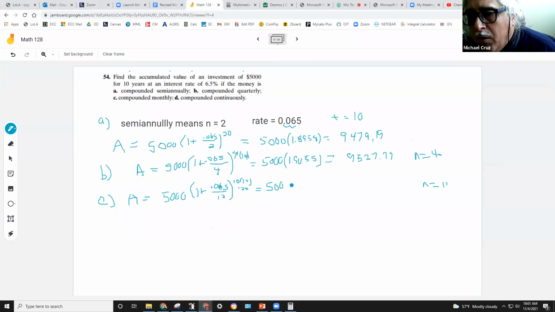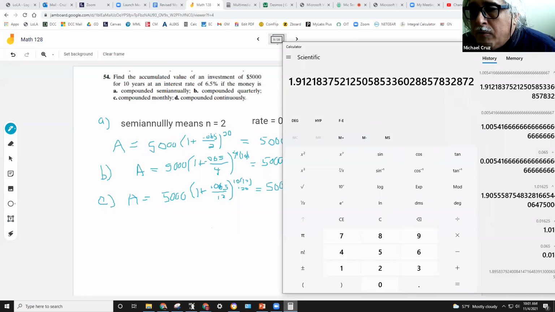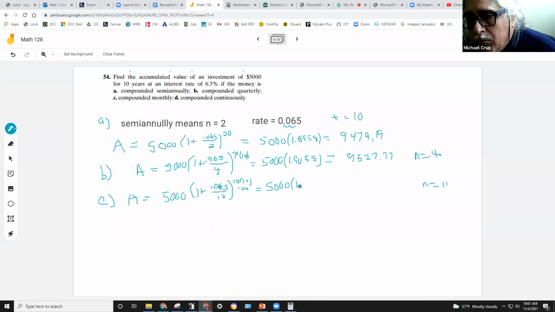It's just showing you how the more you compound, the greater the total principal is going to be. 1.91218. All right, and then what does that come out to? 9,560 now. See, each one's gotten a little bit higher, and 92 cents.